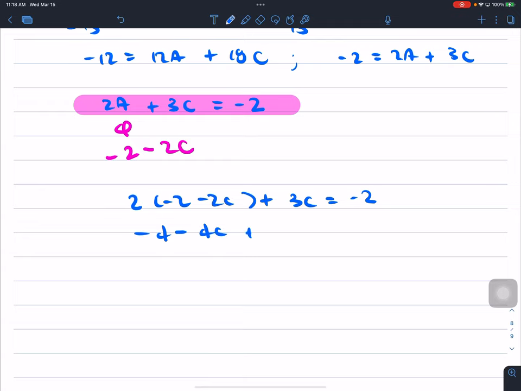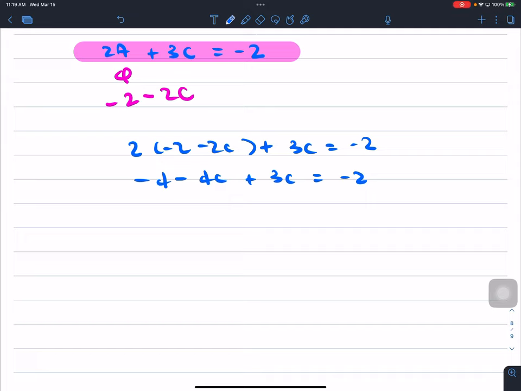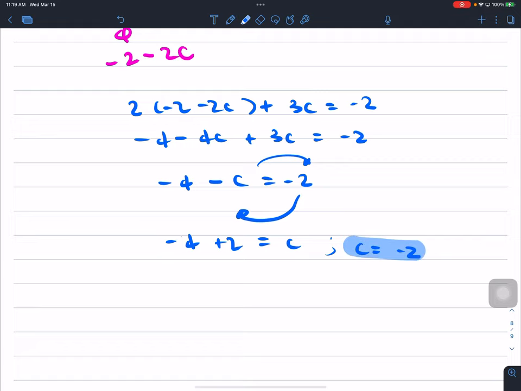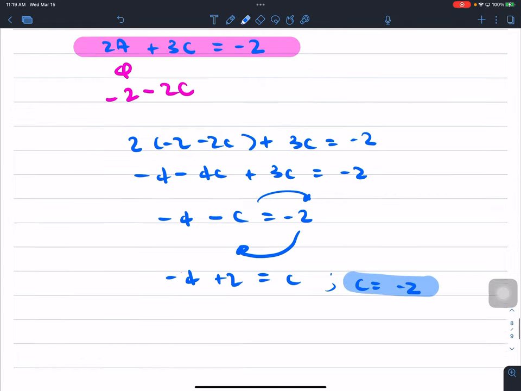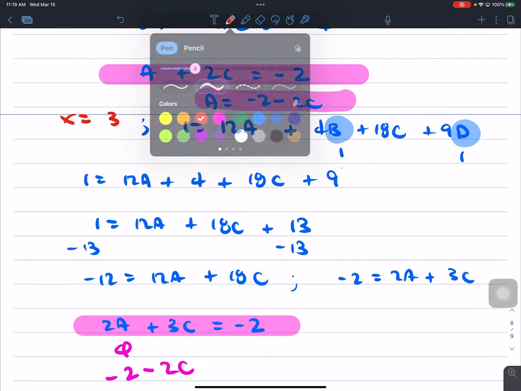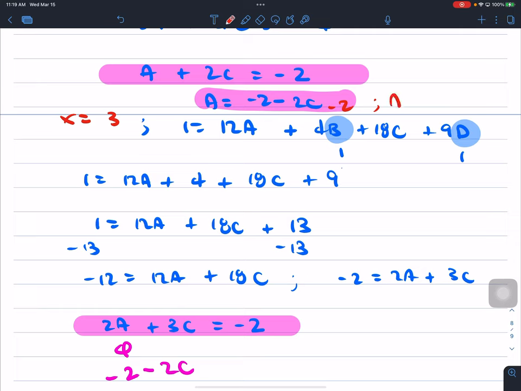Negative 4 minus 4c plus 3c is negative 2. Negative 4 minus c is negative 2. And I can translate my terms. So negative 4 plus 2 is c. What do we know? C has to be what number then? Negative 2. And if C is negative 2, plug in negative 2 for C. What do you guys get for A?